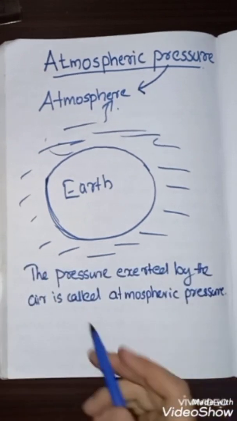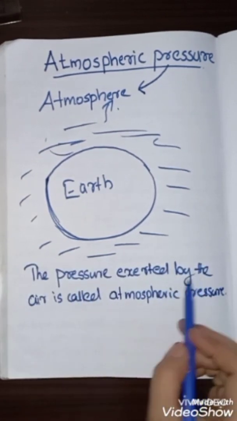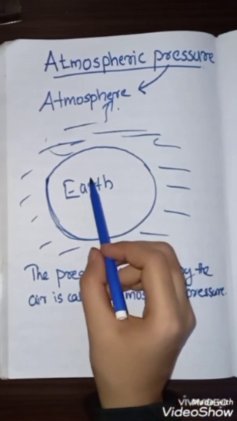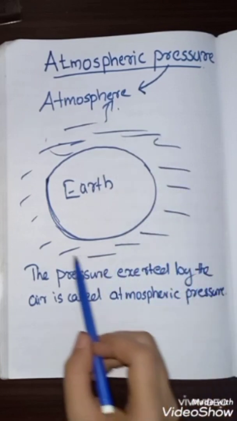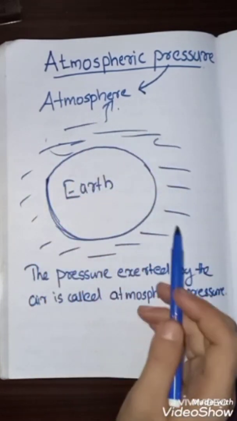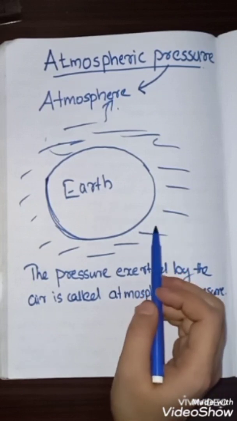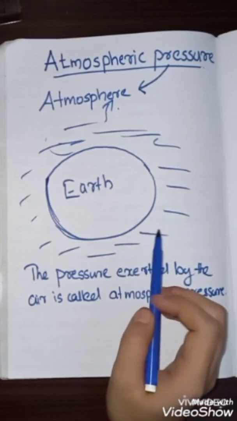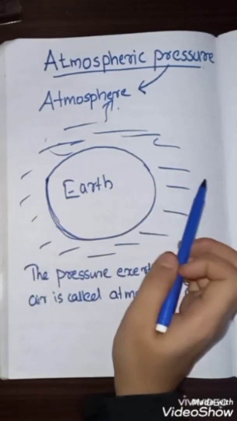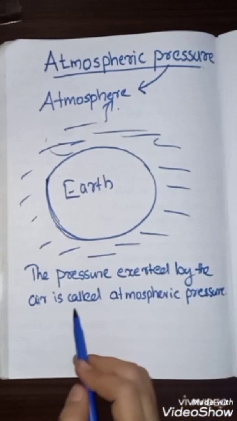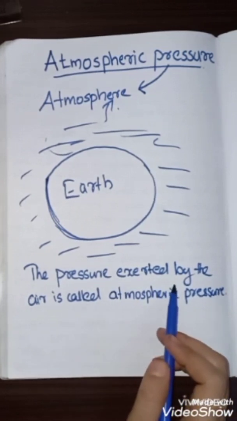I already told you about the earth. There is air all around us, and this air exerts a pressure, and that pressure is called atmospheric pressure.